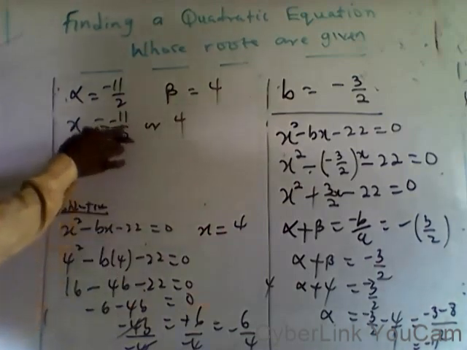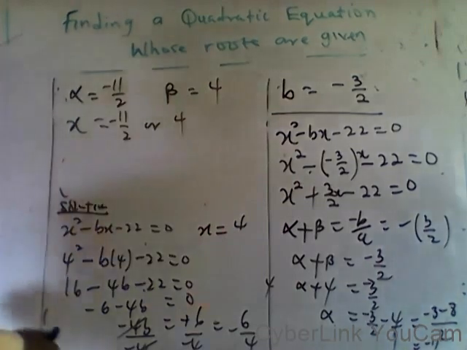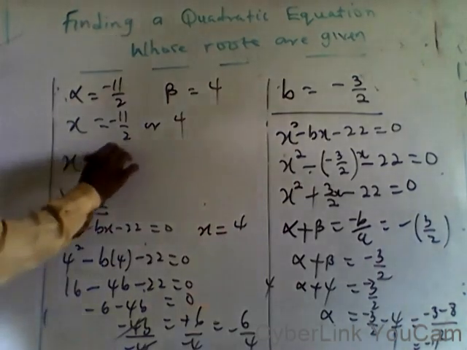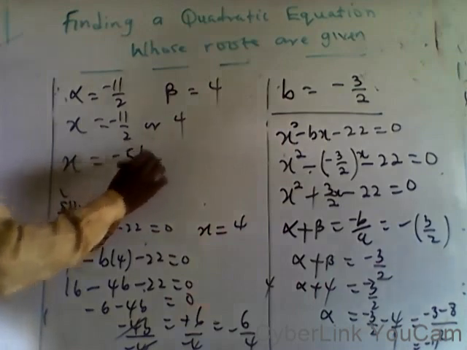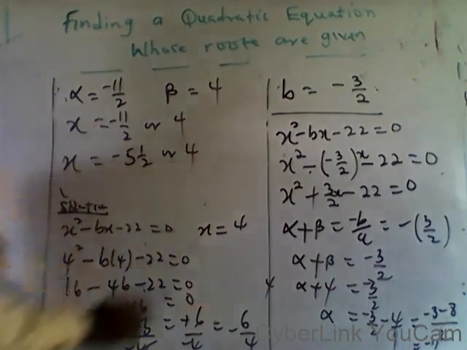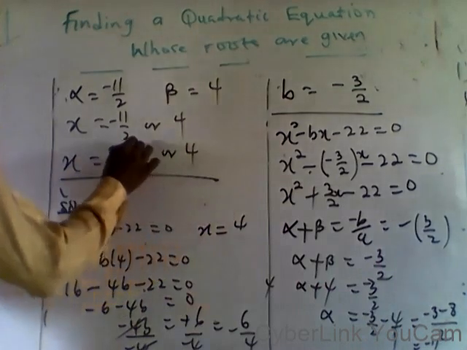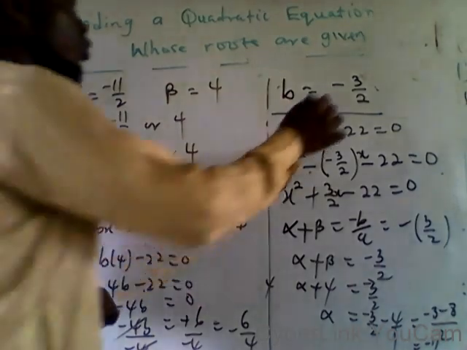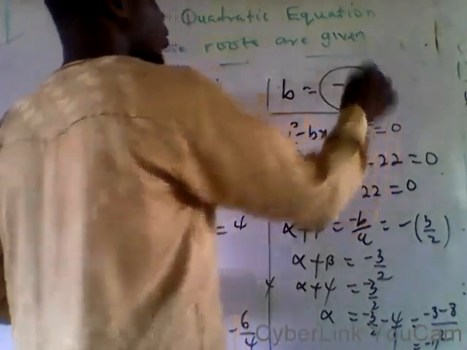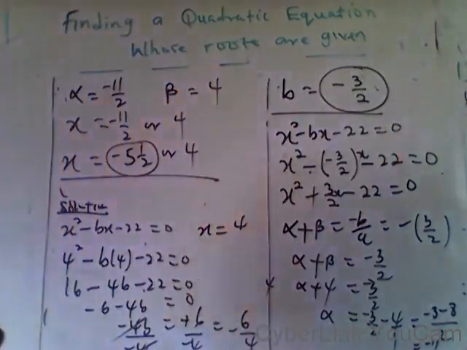This can be written as minus 5 and a half. That is, s is minus 5 whole number 1 over 2, or 4. This is the other root. And our b is minus 3 over 2. That is that.